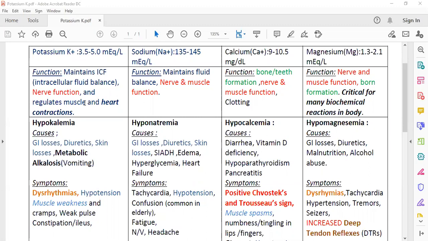Before the main discussion about hypokalemia or hyperkalemia, first of all, we have to know the functions of potassium in the body, and the functions of sodium.